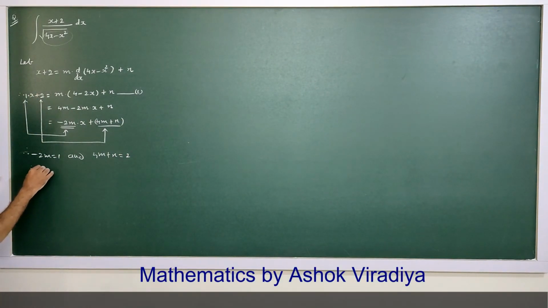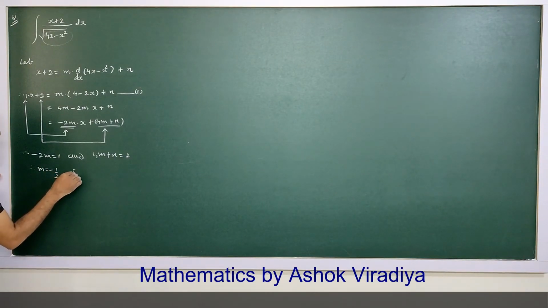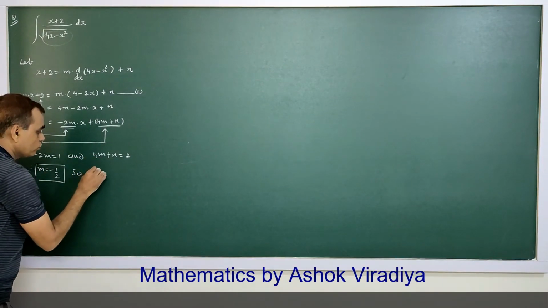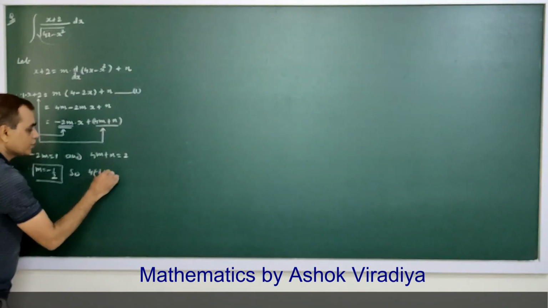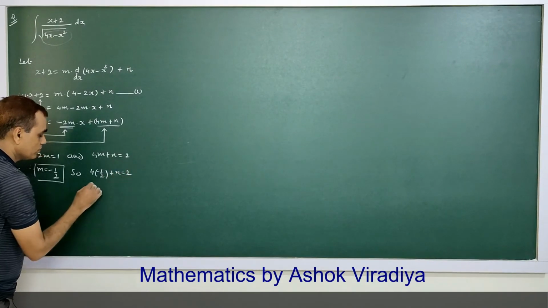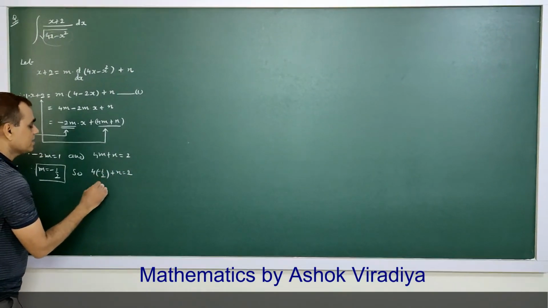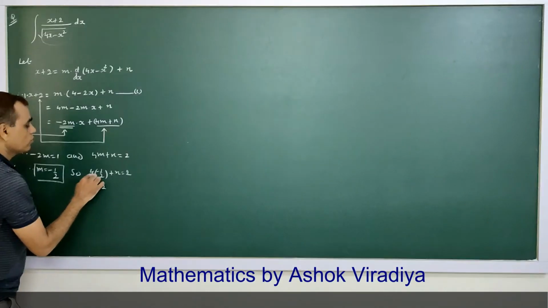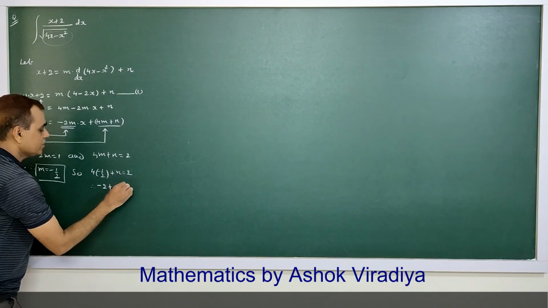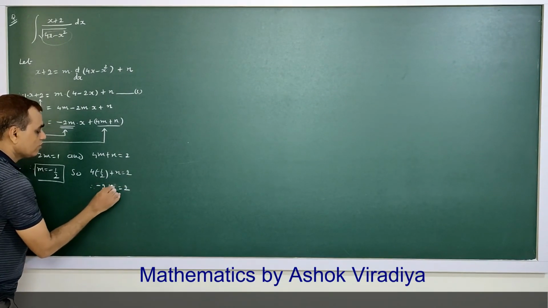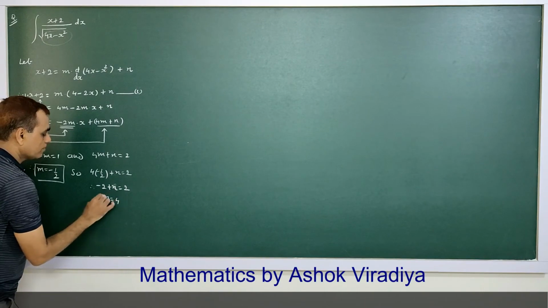Therefore m is minus 1 by 2. So putting minus 1 by 2 here, 4 into minus 1 by 2 plus n is 2. So this is minus 2 plus n is 2. So n equals 4.